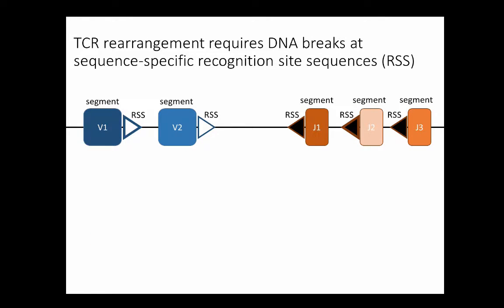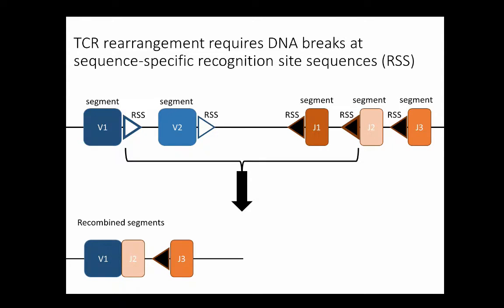So I mentioned early in T cell development we have TCR rearrangement in the cortical zone. Importantly, this process of rearrangement requires DNA breaks in the genome to bring together segments of DNA that are initially separated physically in the genome, such that we have a recombination event that brings together two segments of DNA that are now contiguous and can then encode a functional TCR.